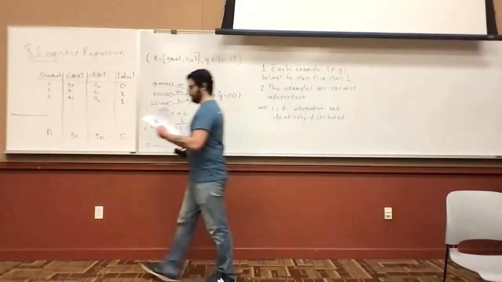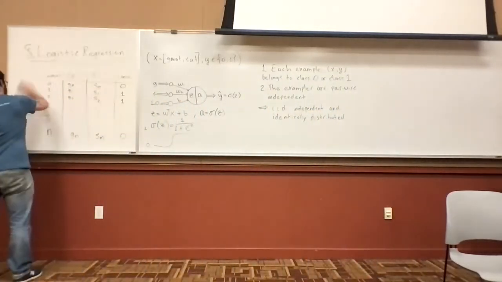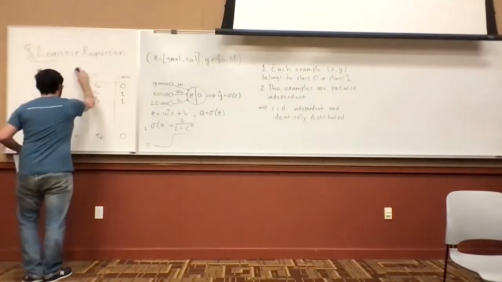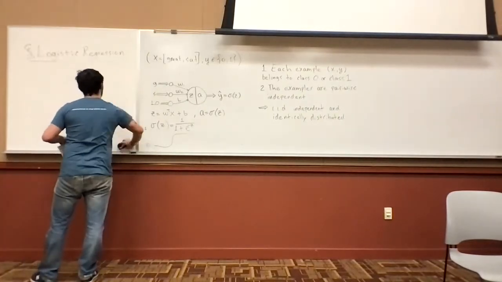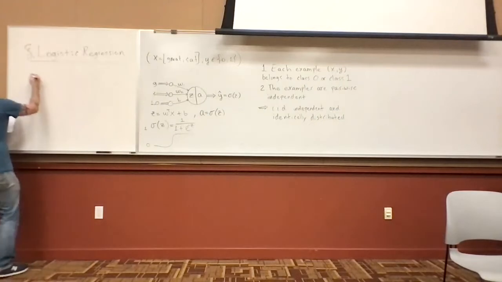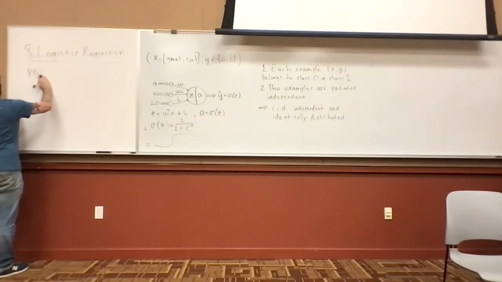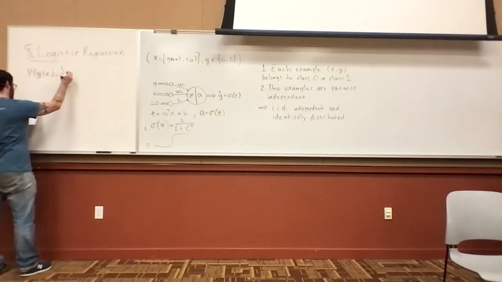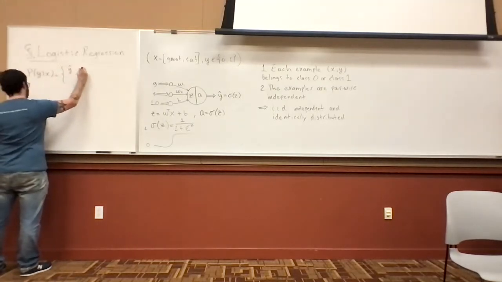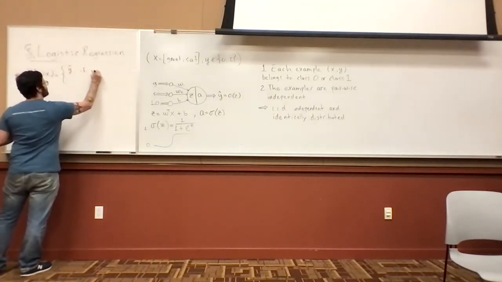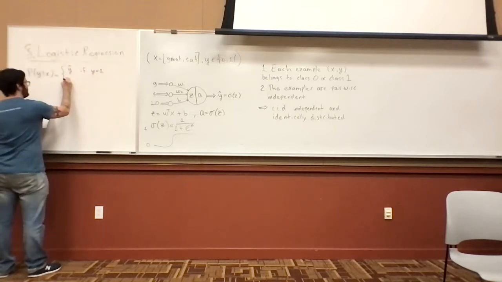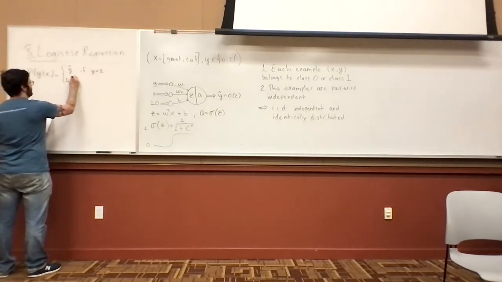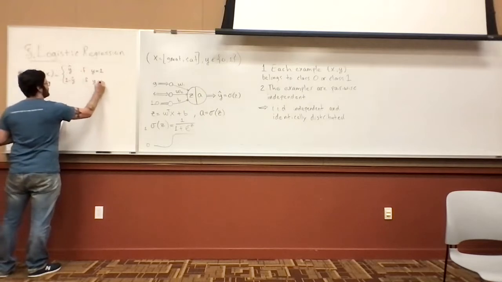So what do we want? And so let me start back over here. Well, just consider the following formula. The probability of y given x. We're just going to go ahead and decide this can be y hat if y is equal to 1, and 1 minus y hat if y is equal to 0.